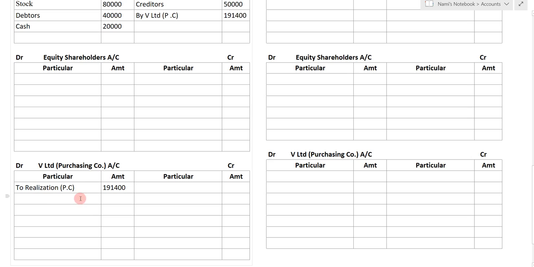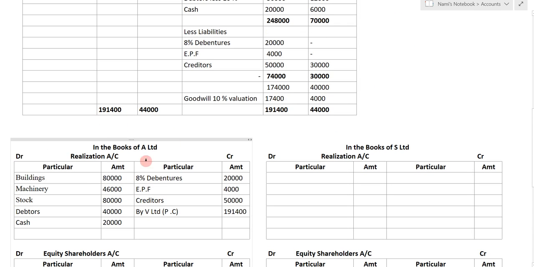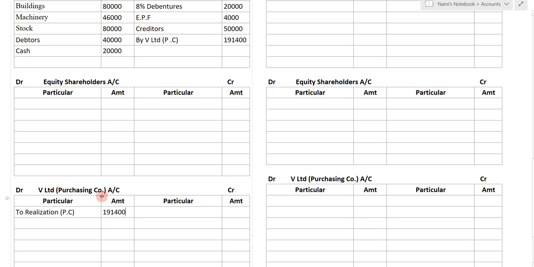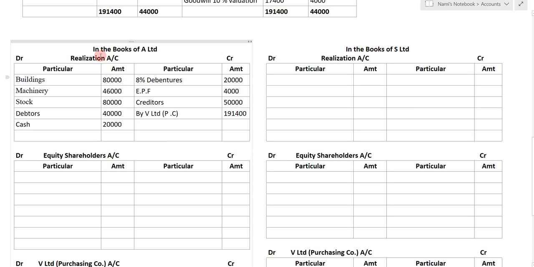So the first effect is given in the purchasing company V Limited account, to realization account, 1,91,400. The second effect is given in the realization account on the credit side, that is by V Limited, 1,91,400.